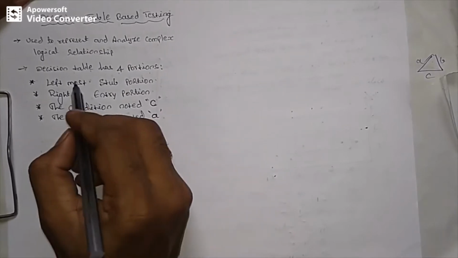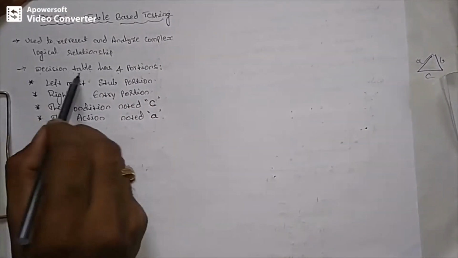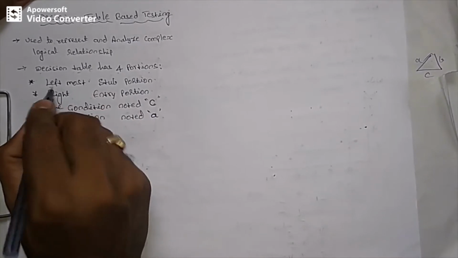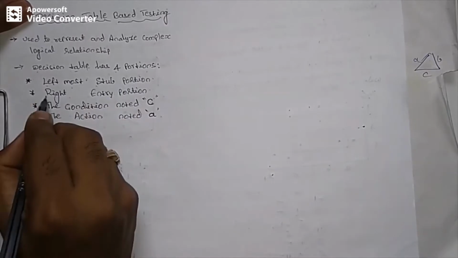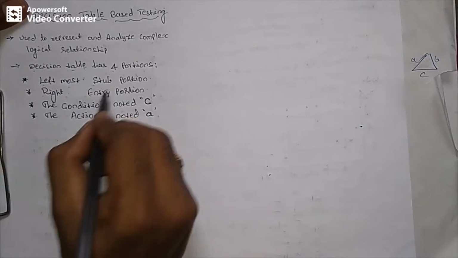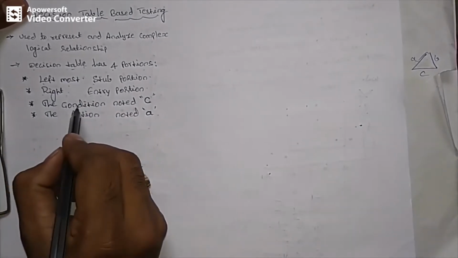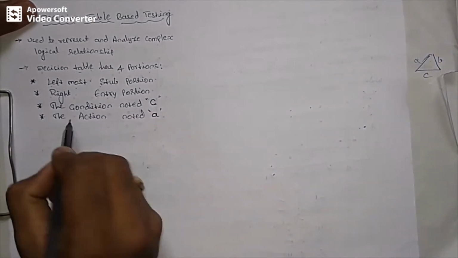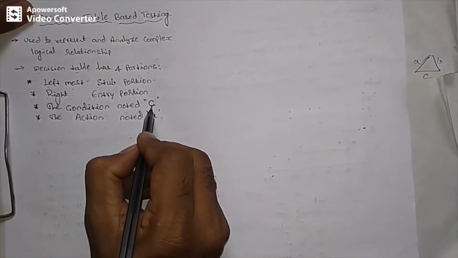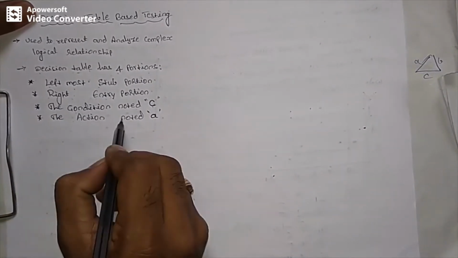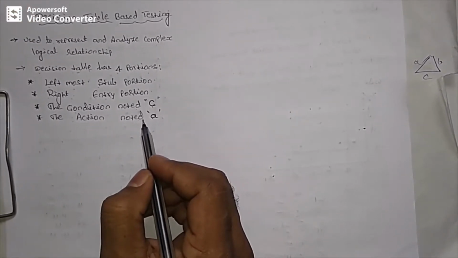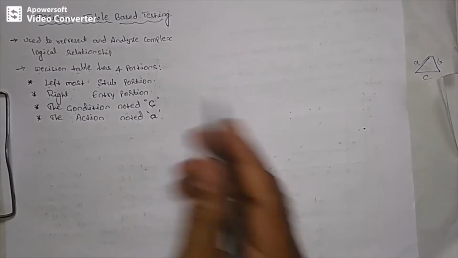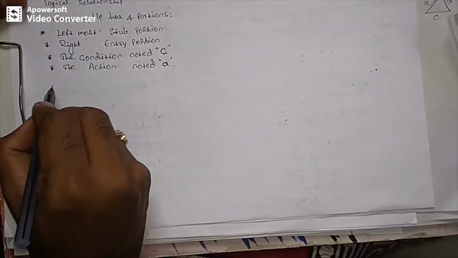These are the contents of the decision table technique. The leftmost column of the table is the stub portion, and the rightmost column is the entry portion. The stub portion includes conditions and actions. The conditions are denoted by a small c and actions are also denoted by a small a.